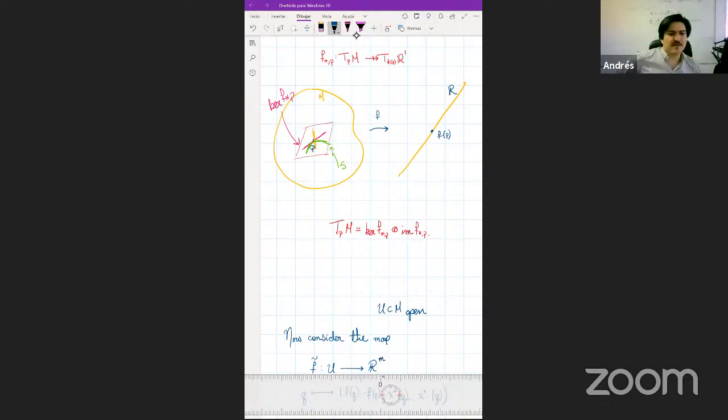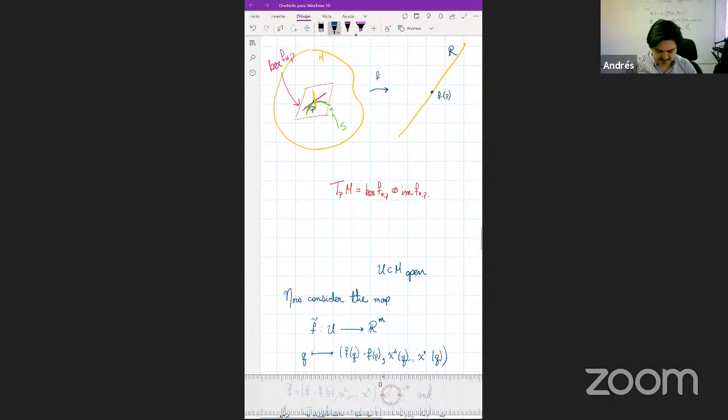Okay, I'm going to define this function. I take any Q, and it takes this. Remember that my coordinate has M entries. I'm omitting x1, and instead I'm putting F. The rest are unchanged. I only replace the first one.